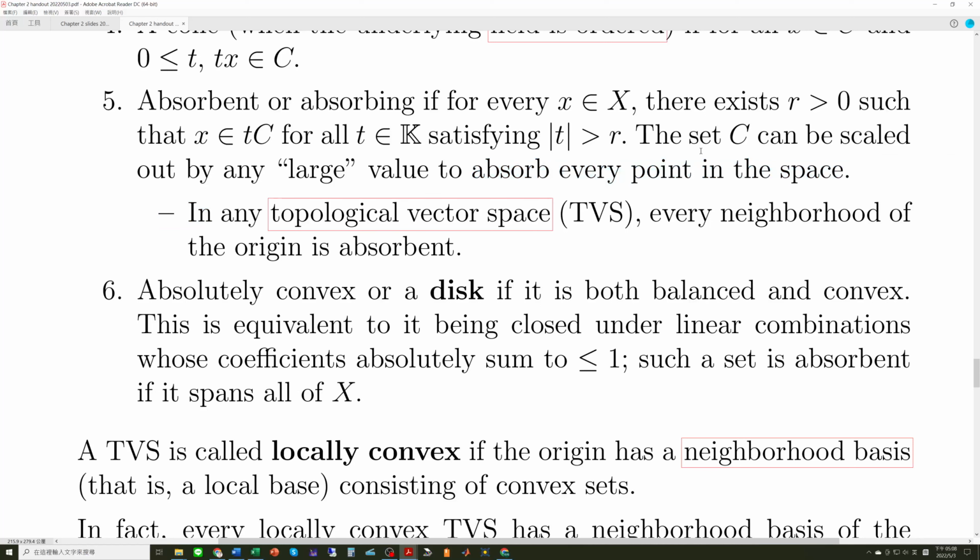So when the set C gets larger and larger, it will equal the total complex number plane.